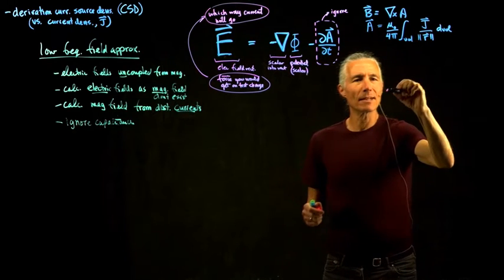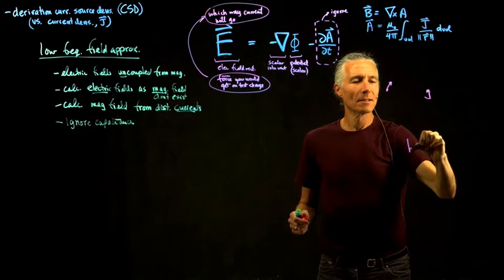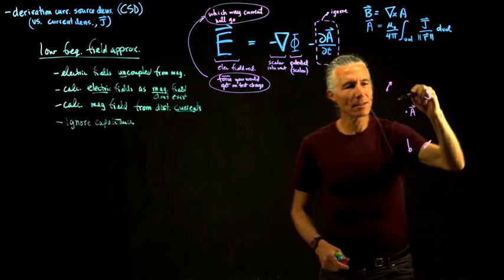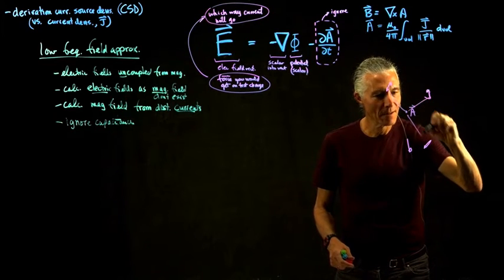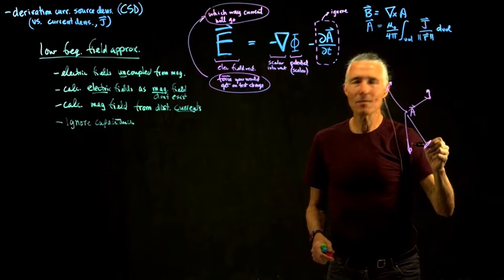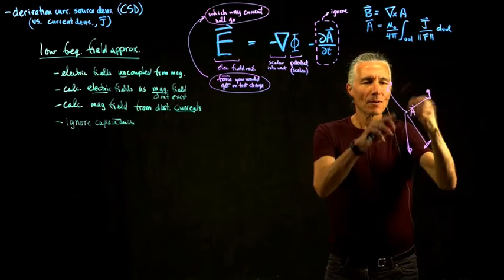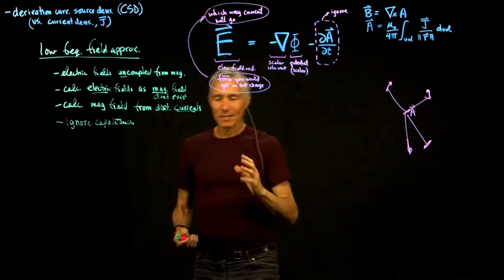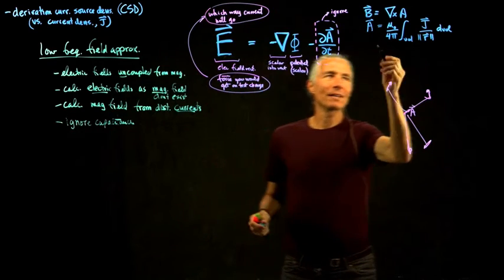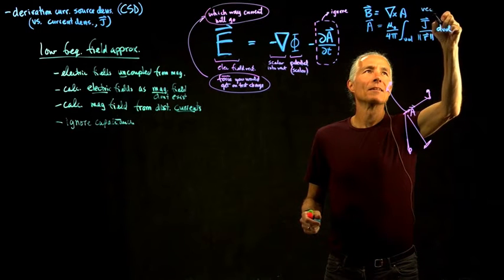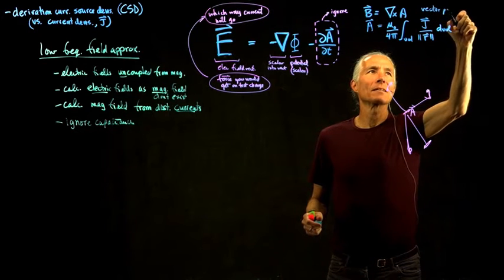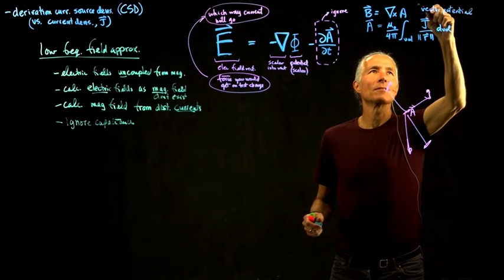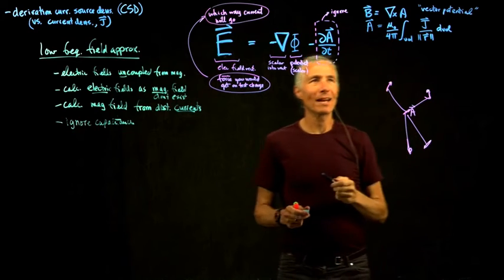You've got currents going every which way, and a point here where we're trying to figure out the A vector. The A vector says how far away those currents are and what direction they're going, and you do a whole vector sum of them and get a vector here. So that's the vector potential, and if you study quantum mechanics, this is the main thing that you use.